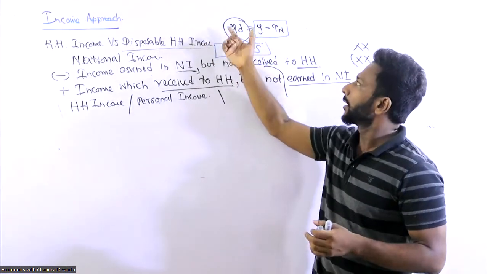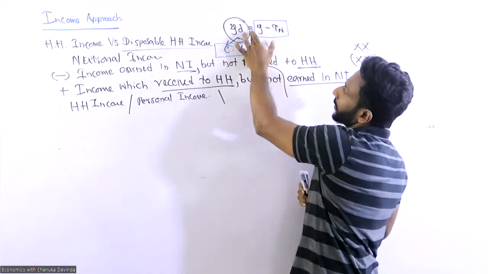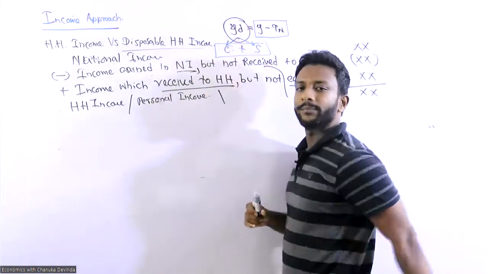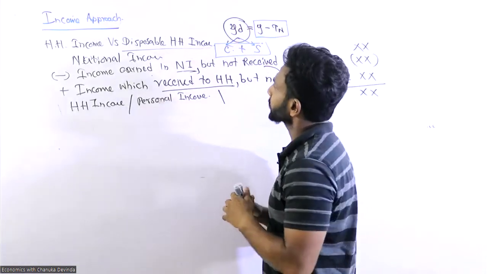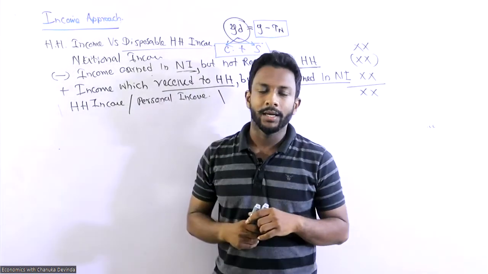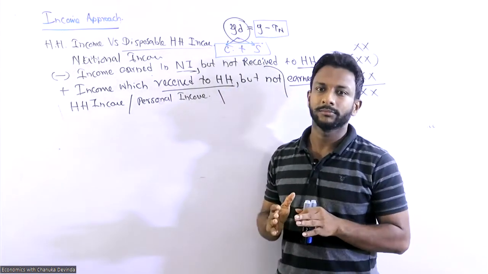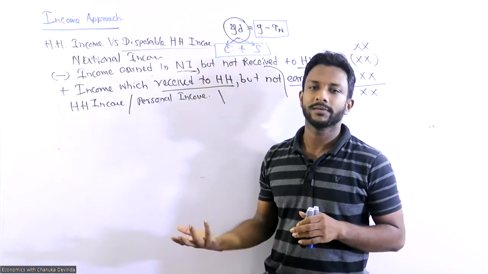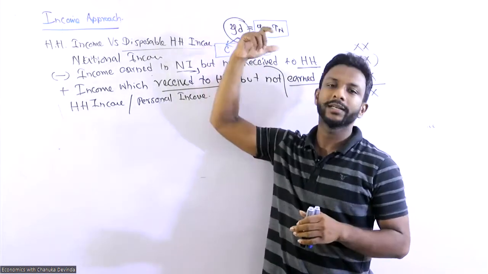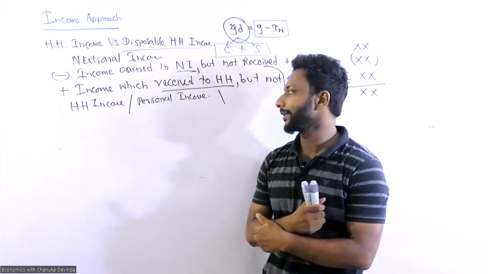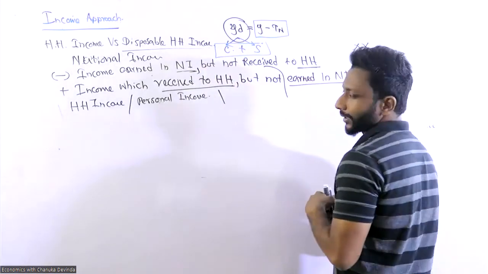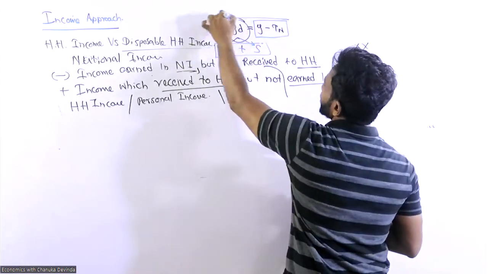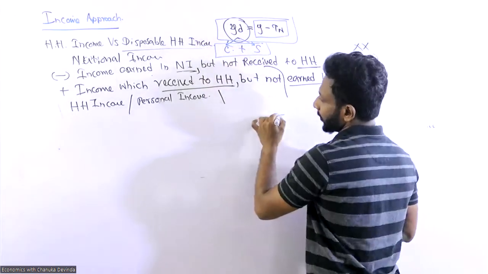So here, total personal income minus taxation can be identified. What? Household income, right? Second one, household consumption expenditure plus household saving. It can also identify disposable personal income, right? I think there is only one box. It should be the first calculation in here. What is it?